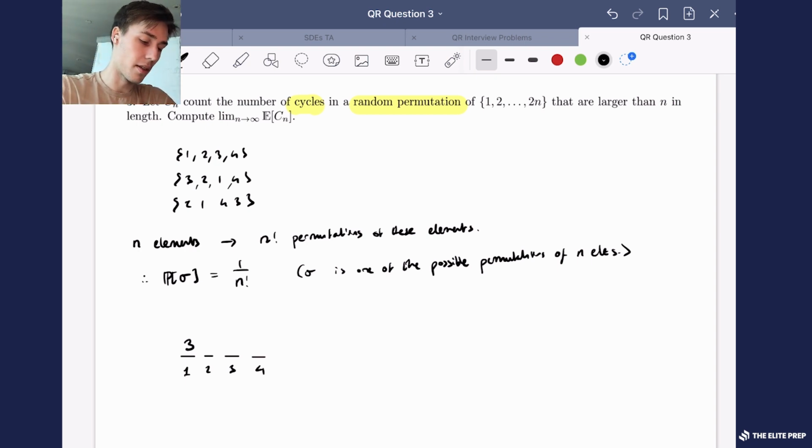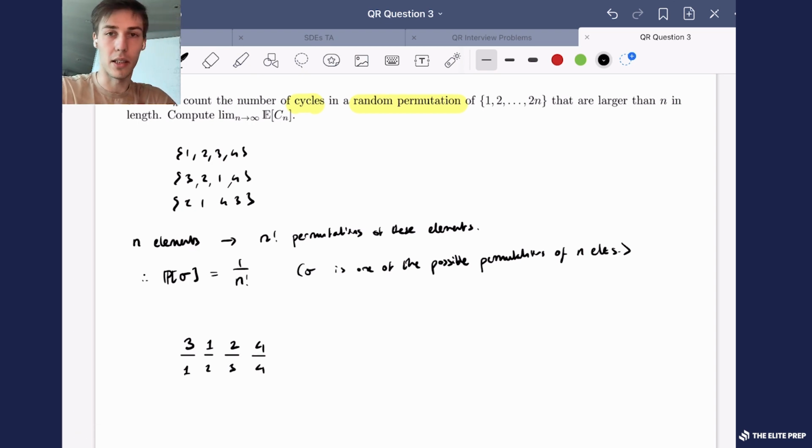So if in the third index we have the element 2, and in the second index we have the element 1, then this would be a 3 cycle, because the cycle takes 3 steps to return to the original element. And finally 4 is just a 1 cycle, because the index 4 points to itself. So index 1 points to index 3, index 3 points to index 2, and index 2 points to index 1. So that's a 3 cycle, as I just mentioned. And this is a 1 cycle.